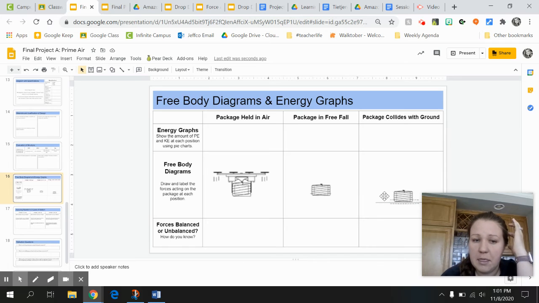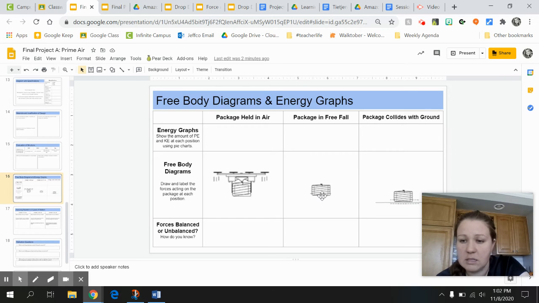Okay. Then you also are going to create free body diagrams for your package at each point. In order to get advanced on your free body diagrams, I want you to include special elements of your design that are going to impact your forces. So for instance, if you have a parachute, and the parachute is used to slow down how fast the package is going, you need to also include what forces are acting on that parachute.